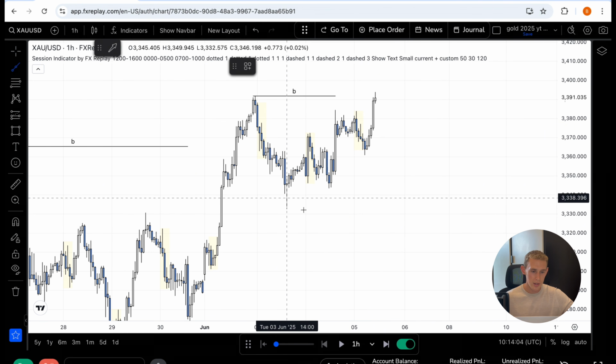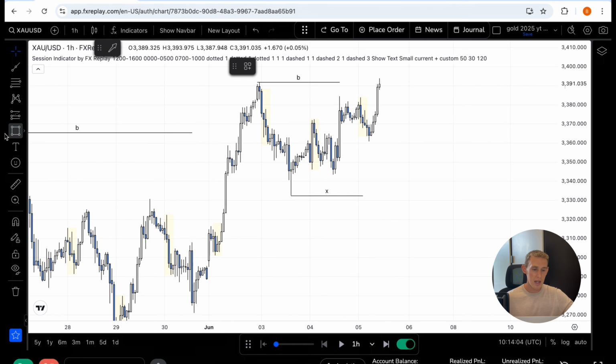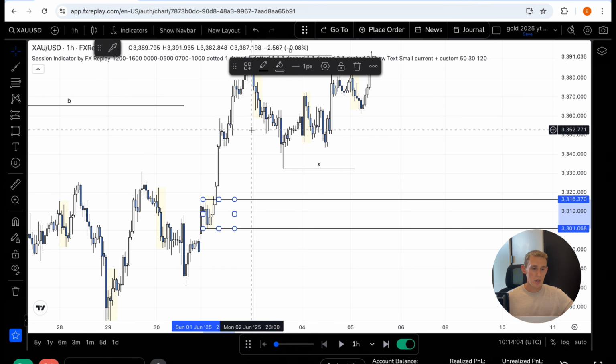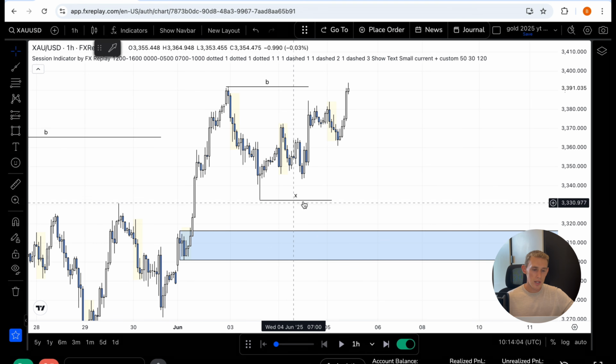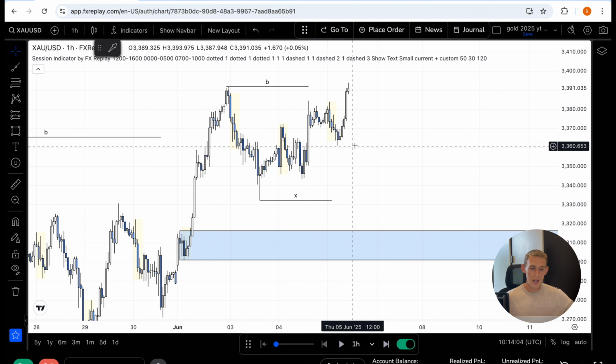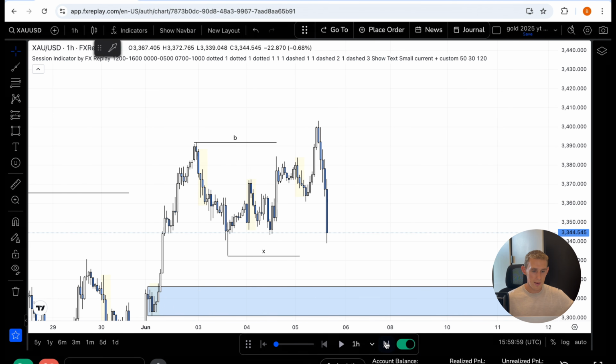What I would look for instead is for price to maybe come back down, take out this previous low, or maybe tap into this area of demand just here, which we can see price has kind of induced. It created that liquidity above it, didn't quite tap into it, and this is overall a very clear area of imbalanced demand. So let's see how it develops from here.